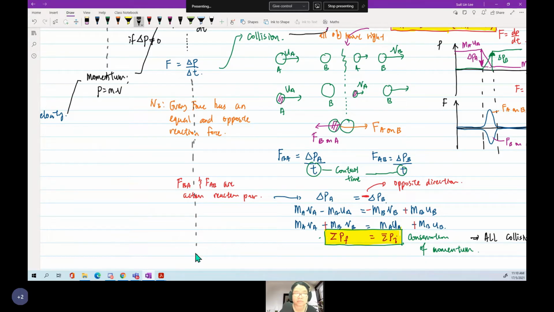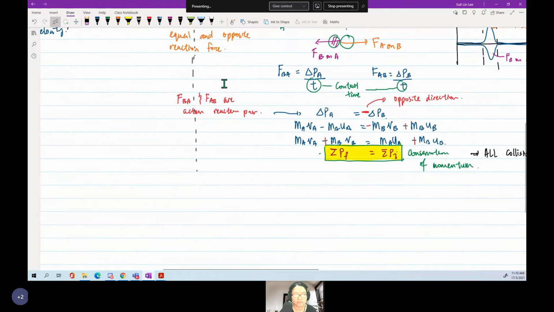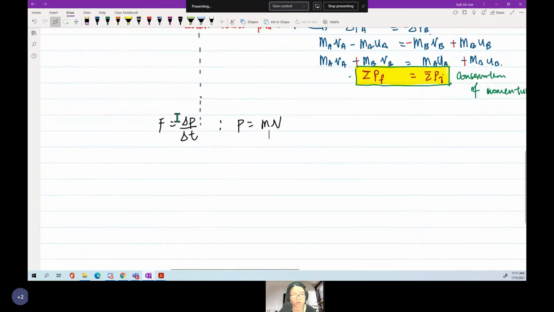if F is equal to change in momentum over time, and momentum is mv, then I could have two cases.